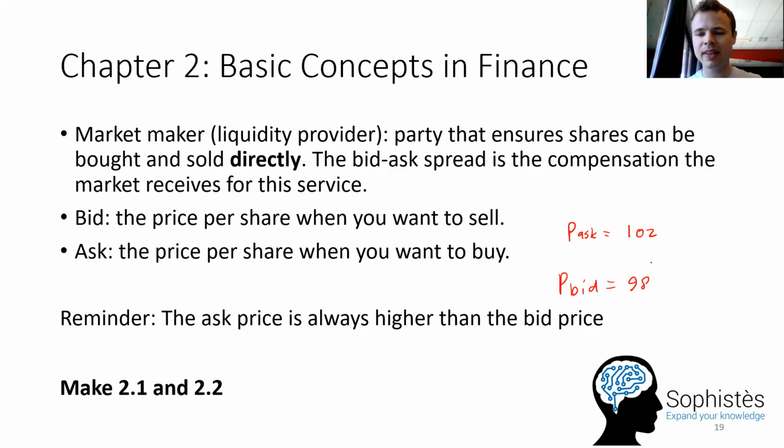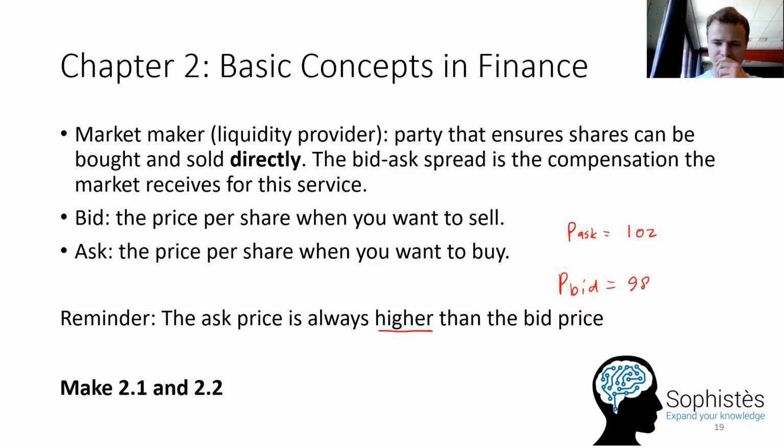So basically, if you buy it from the market maker, you pay 102 euro. If you sell it to the market maker, you only get 98 euro. So you already lost 4 euro there, and that's the compensation for the market maker. Here I set a reminder: the ask price is always higher than the bid price.